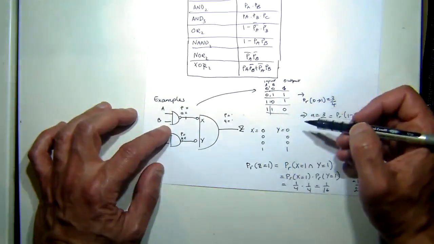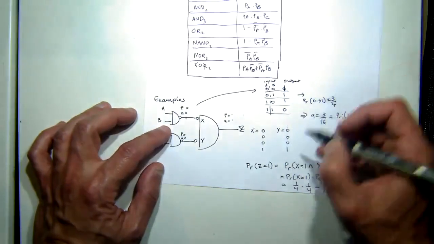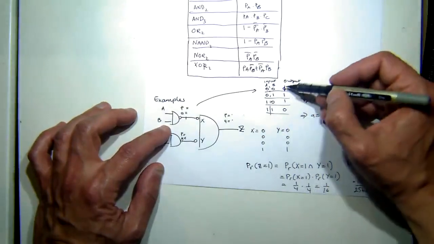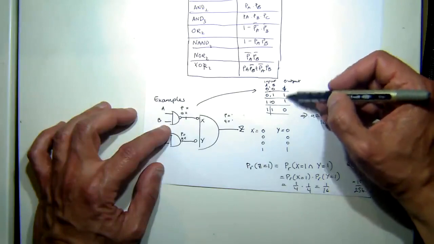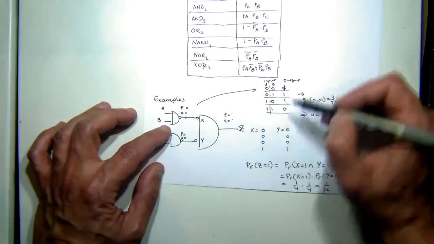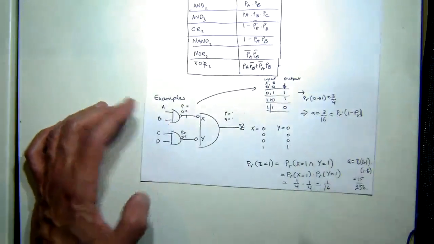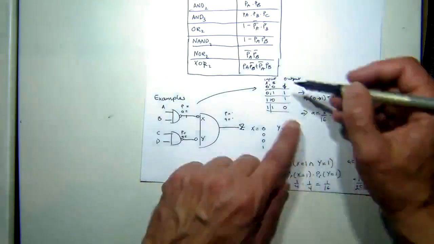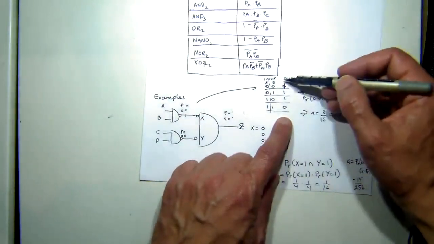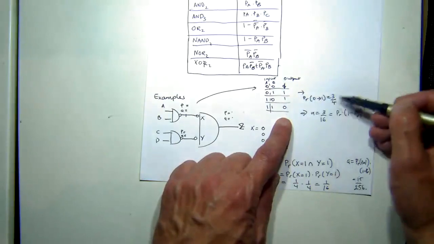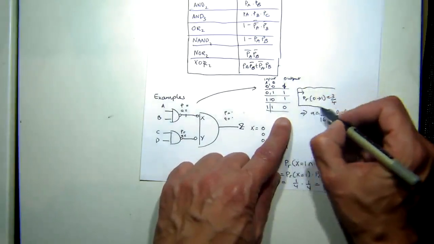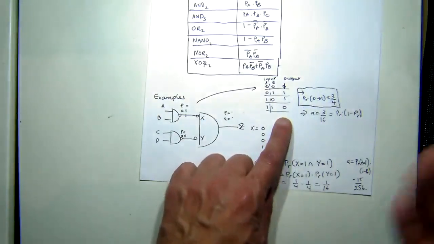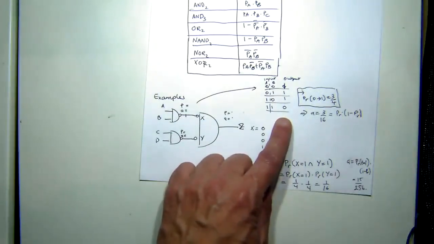Because it's a NAND gate, the output is 1 for the first 3 cases and 0 here. So for the probability of going from a 0 to 1, the total number of outcomes that lead to 1 is 3, and the total number of outcomes is 4. So the probability of going from 0 to 1 is 3 on 4. No big deal. You can do this by hand.